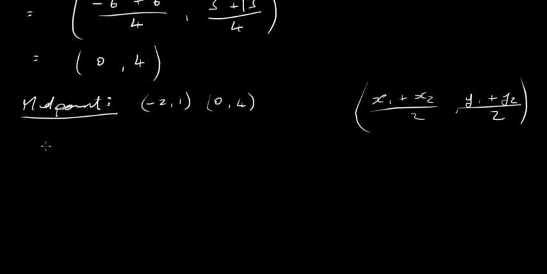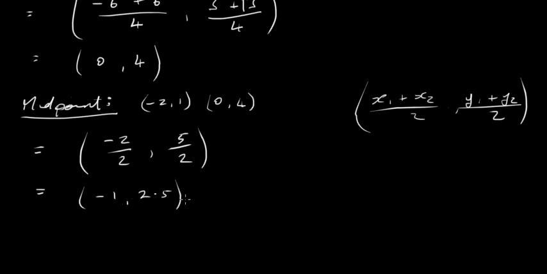If we put that in, minus 2 plus 0, which is minus 2, divided by 2. Then for y, 1 plus 4, which is 5, divided by 2. So this is our midpoint. Our midpoint is minus 1 and 2.5. So that's the center of our circle. So this is equal to the center of S.